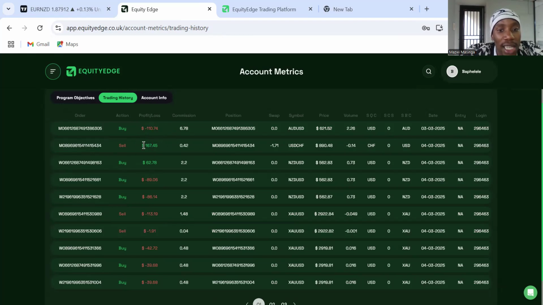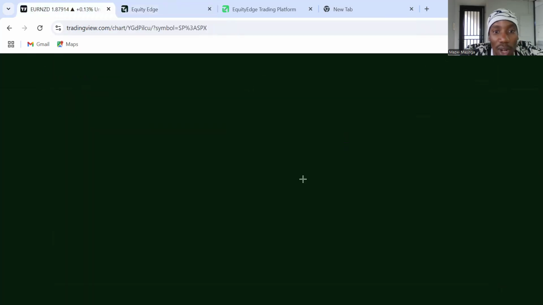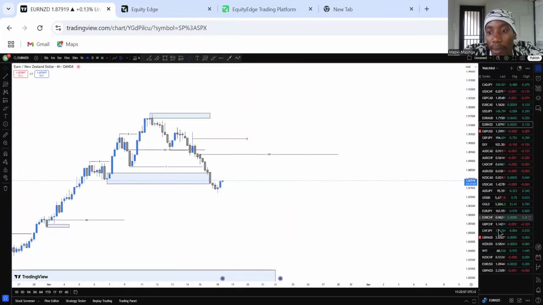My second trade, I took an 80 so that I can make sure I lose 2% if I lose. I risk $80. I ended up making 167. Let me go straight and show you guys the account.